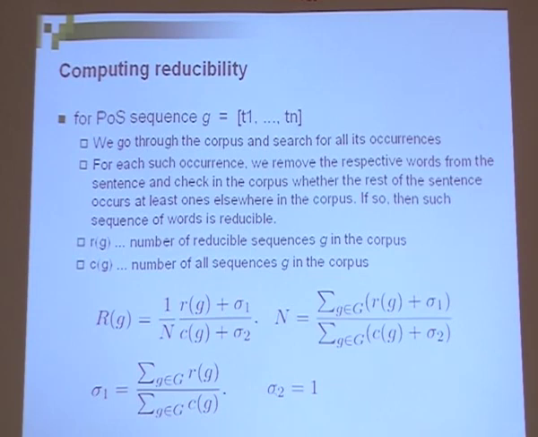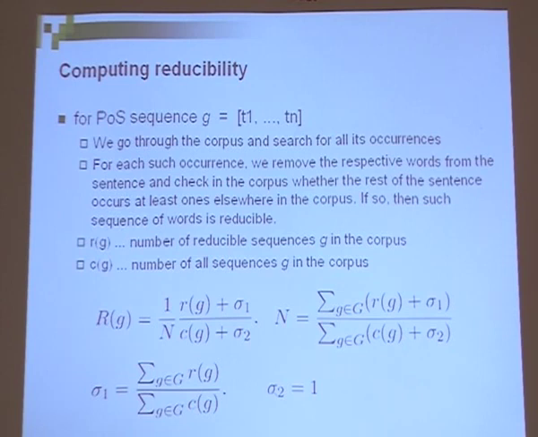I denote by R_g the number of all reducible sequences in a corpus, and C_g is the number of all sequences. Of course, R_g will be a very small number, because we don't have all the sentences in the corpus, and C_g will be quite a high number.